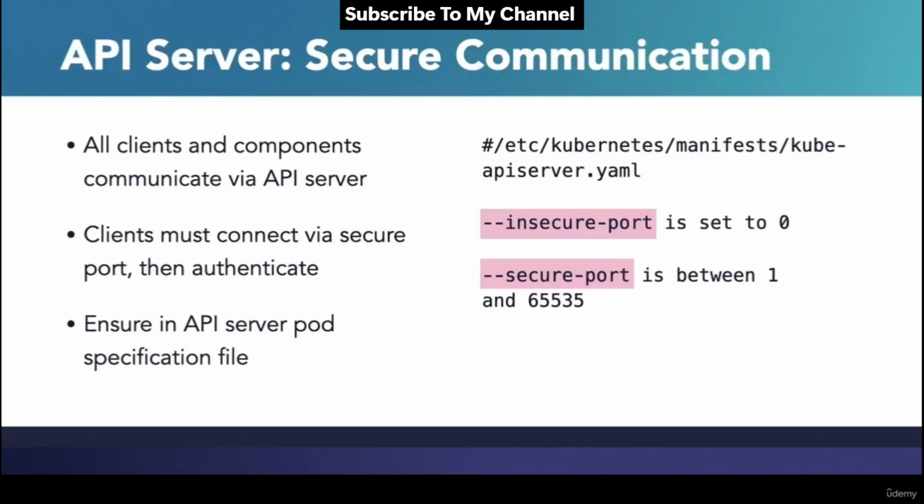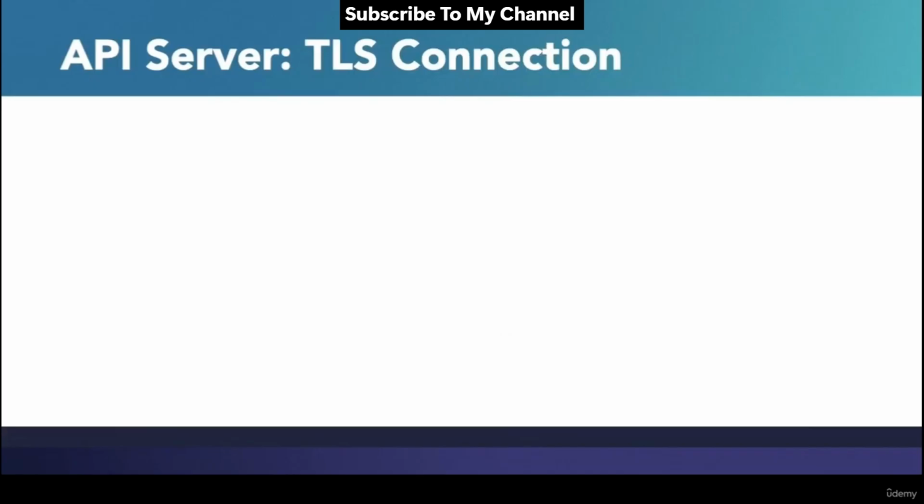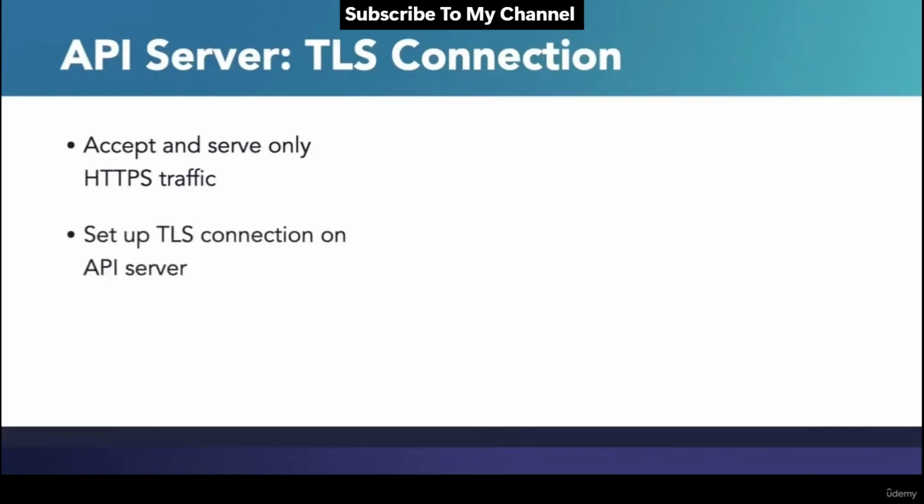Ensure that its value, if defined, is between 1 and 65535. In addition, ensure that the insecure bind address doesn't exist. API server should be configured to serve and accept only HTTPS traffic. That will require you to set up TLS. So check out the Kubernetes documentation on how to do that.